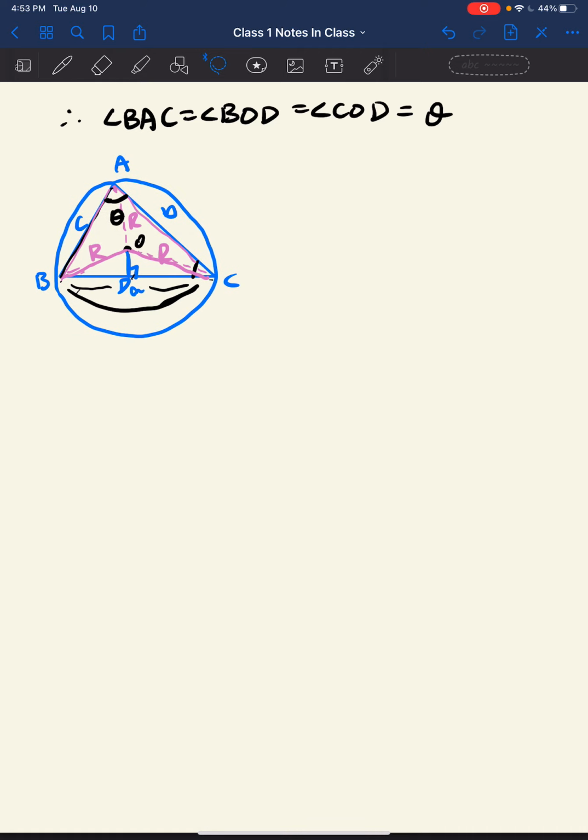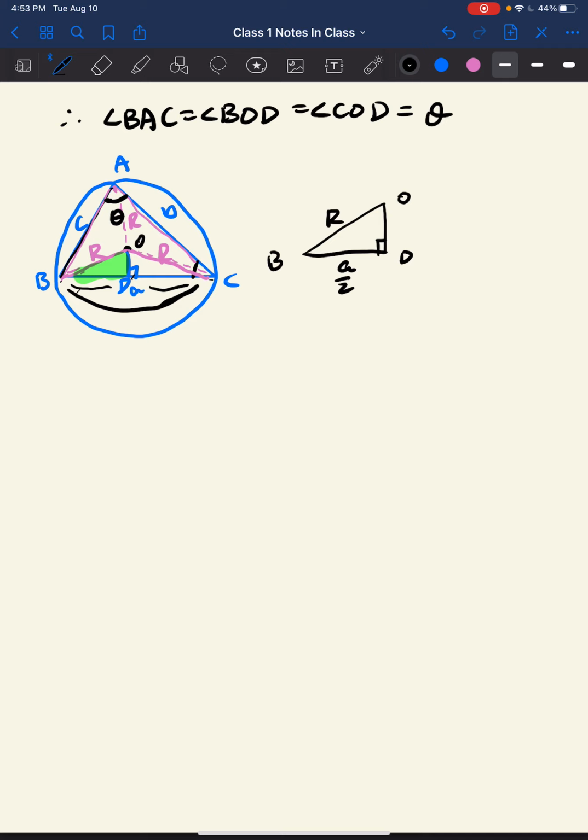Okay, and if we use this triangle right here, let me highlight it, BOD, this really small triangle right here, and if we take it out, it's 90 degrees, A over half, this is R.